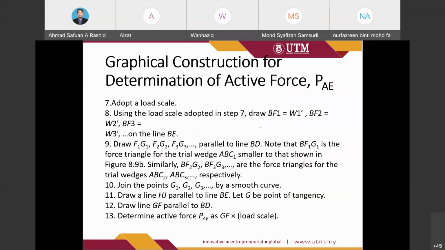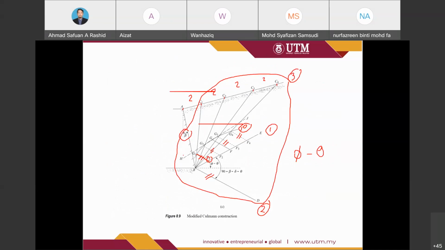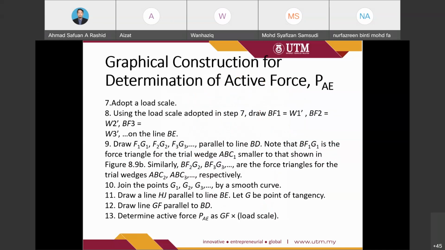Then draw a line HJ parallel to line BE, to get G as the point of tangency. This is the line HJ, which is parallel to BE. This is step number 11: let G be the point of tangency.